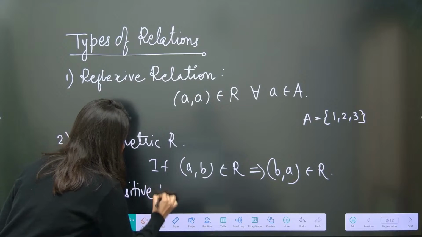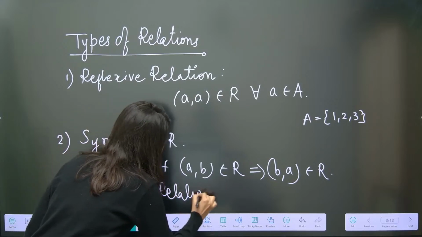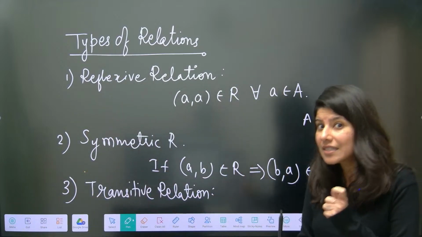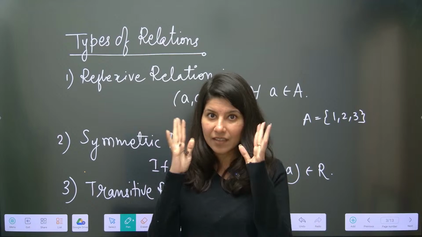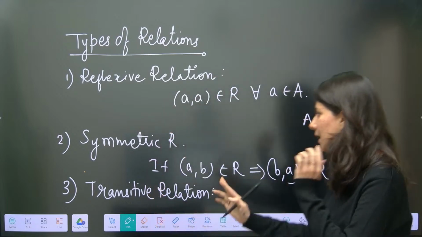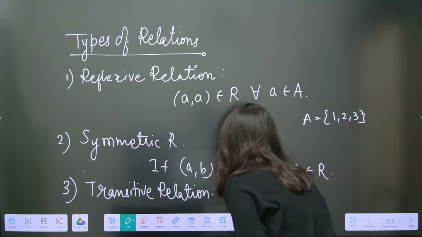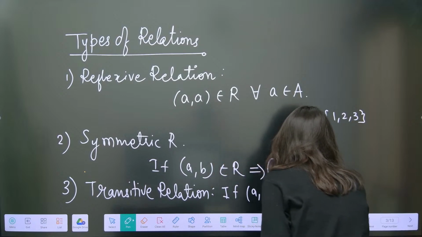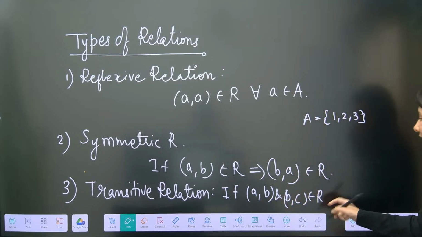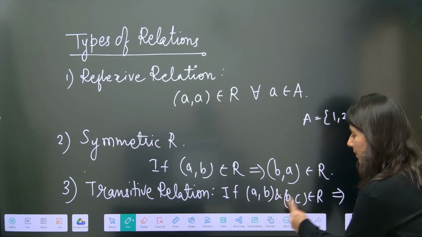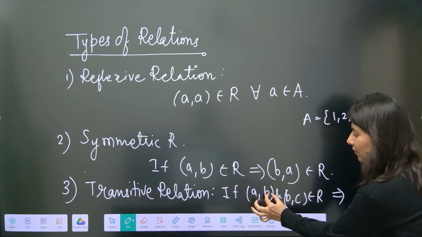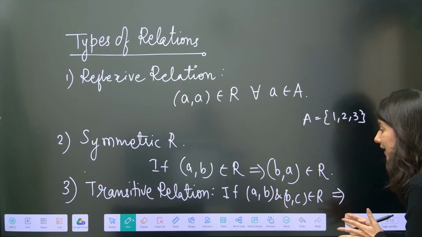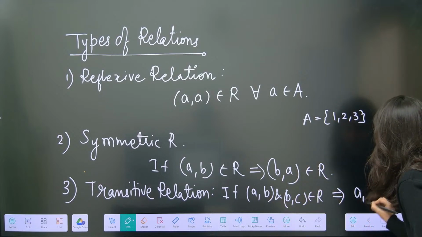Transitive relation. Now, transitive relation sometimes may get a little bit tricky. So this is something which you should understand and practice very carefully. Transitive relation says if (a, b) and (b, c), these 2 ordered pairs, are present in your relation, that means the second element of the first pair and the first element of the second pair should be the same, then you should check for (a, c).